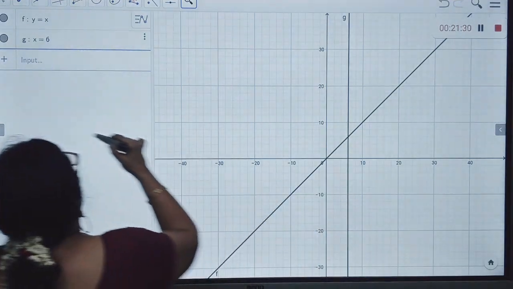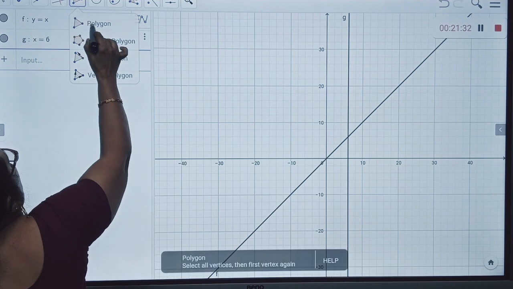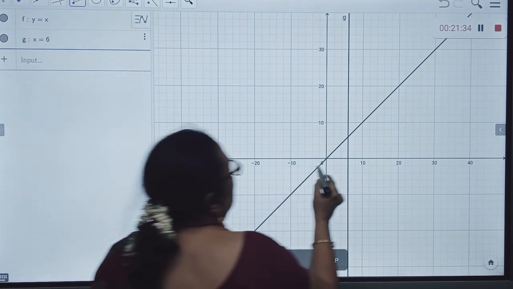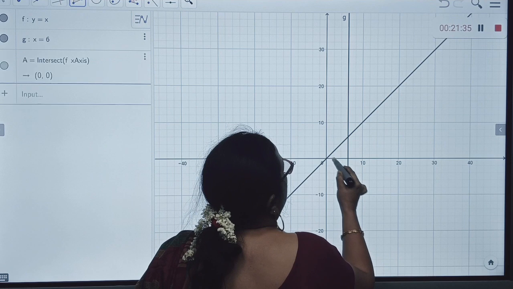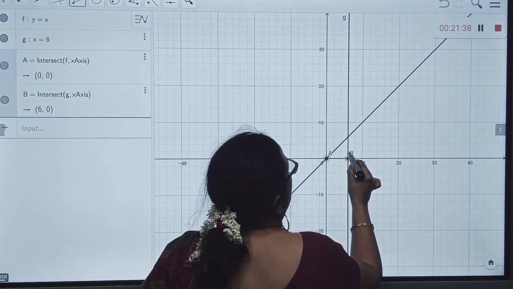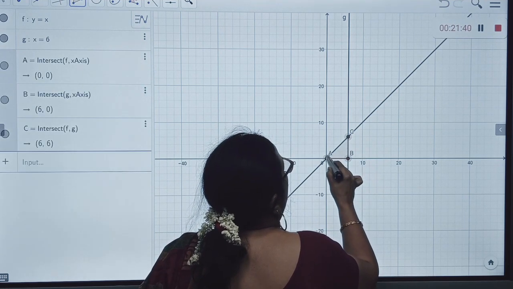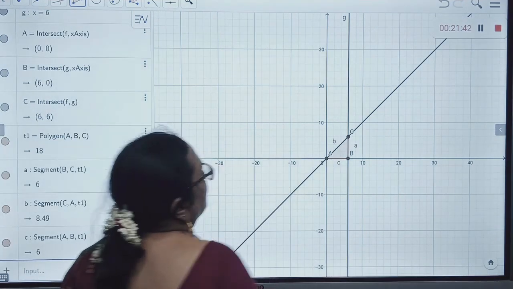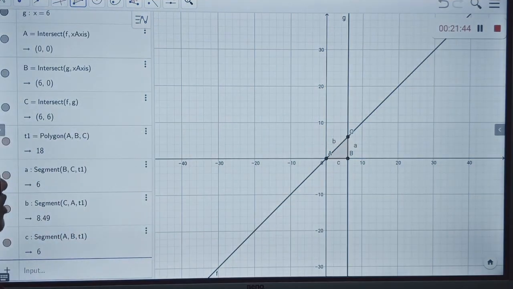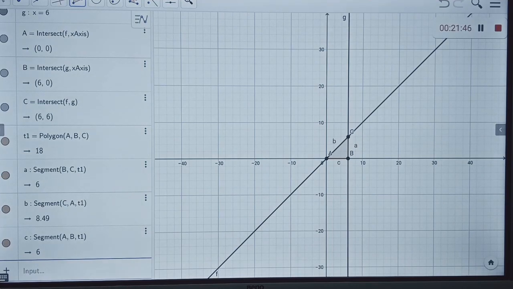We want to find the area of the triangle. I can use the polygon tool. So, this point, this point, and this point. So, can you find the area?